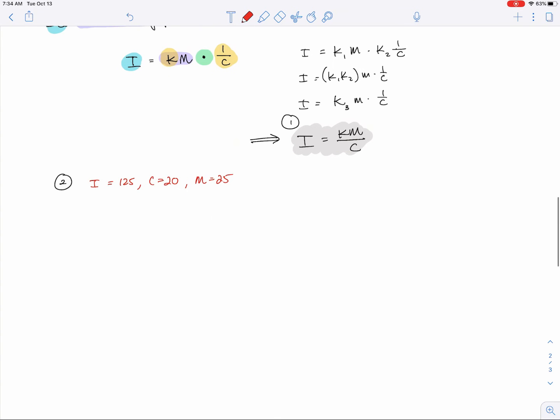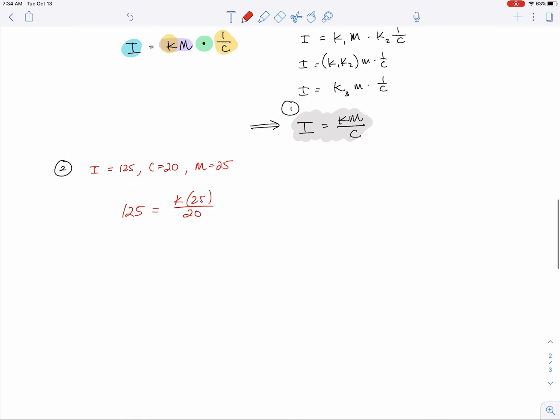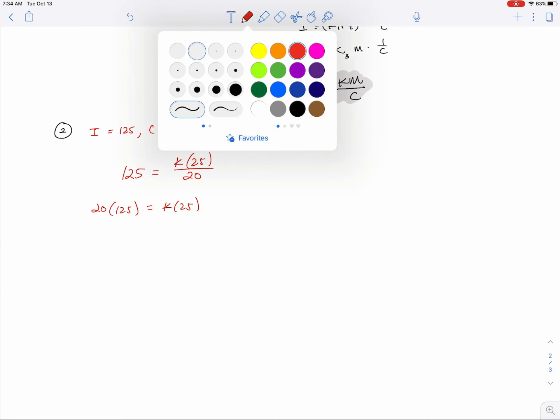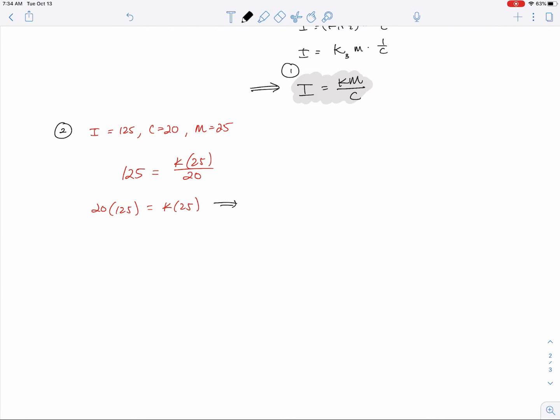And so plugging that information into our equation, we get 125 is equal to k times 25 over 20. So we'll multiply both sides by 20. And then we'll divide both sides by 25.